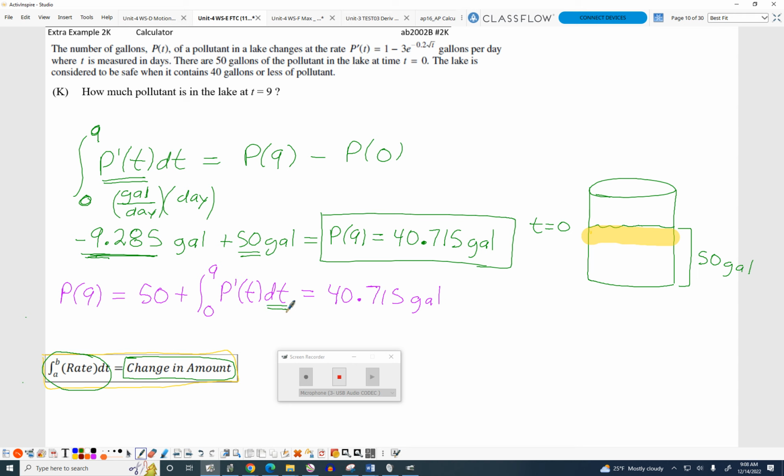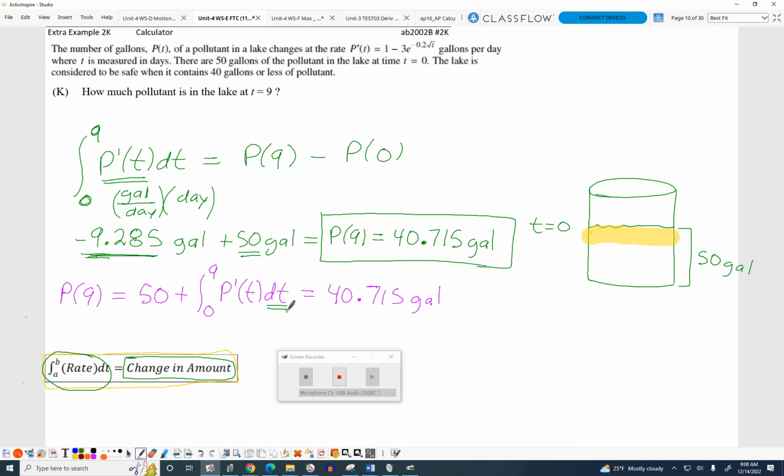Yeah. 2 more, please. Should we always put the 50 in front of the integral? You have to in this case, because otherwise it doesn't make sense. This number is just -9. So I'm telling the grader P of 9 is equal to the amount I had in the tank to start with at time 0. Those two have to match up.